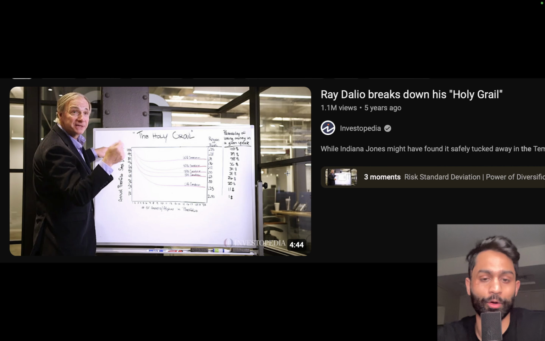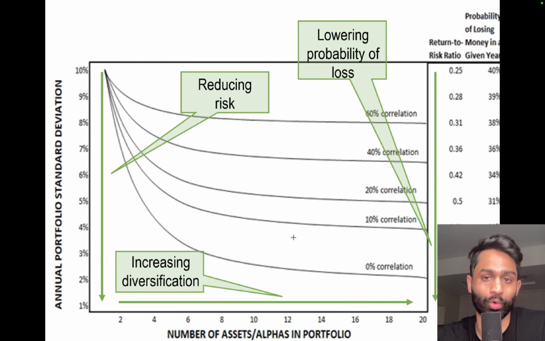It's not a long video, only 4 minutes long, where Ray Dalio himself, the guy who runs one of the biggest hedge funds in the world, Bridgewater Associates, and has written extensively on portfolio diversification, even on countries and their economies, talks about this Holy Grail where as you diversify more among different asset classes, your risk within the portfolio goes down while maintaining the same level of potential expected returns. So this right here is a screenshot of that Holy Grail.